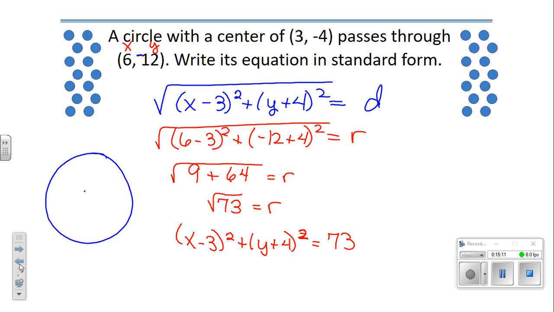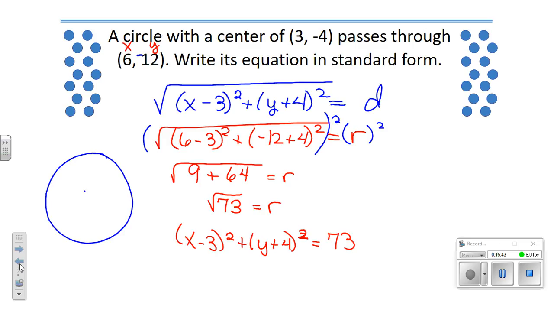Do we just get rid of the squares? Remember, we're trying to get rid of the radical symbol on the right hand side of the equal sign, so we're going to square both sides, right? Make sense? That's standard form of an equation of a circle.